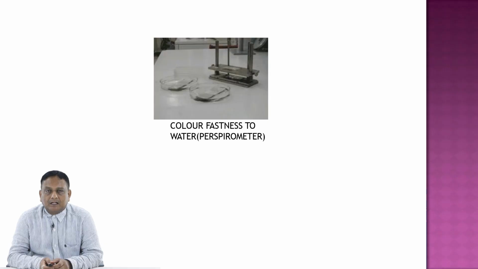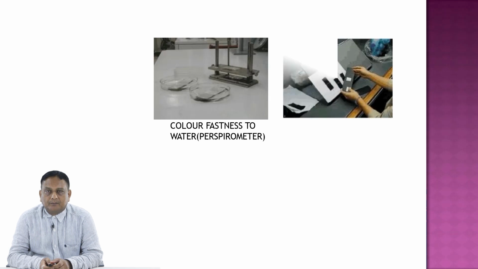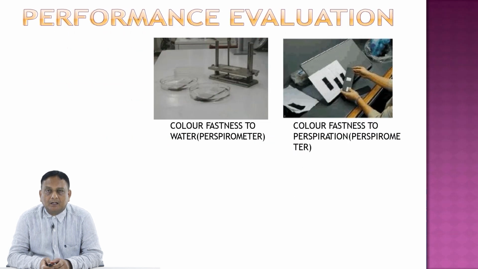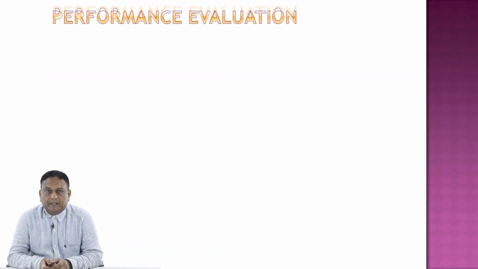Then comes the colorfastness to water or perspiration, which is done in a perspirometer. When you are testing the colorfastness of perspiration and other items, the testing must be done using a gray scale. Evaluation should be done based on that.